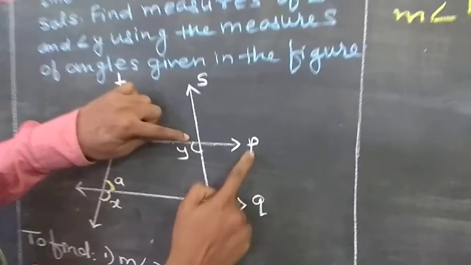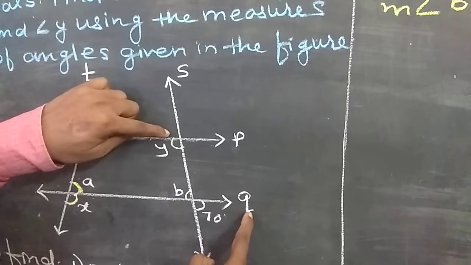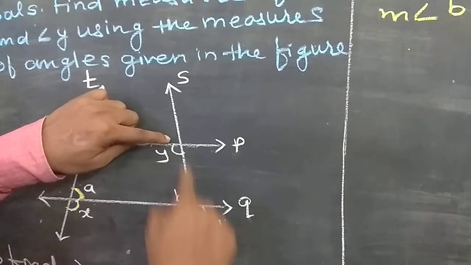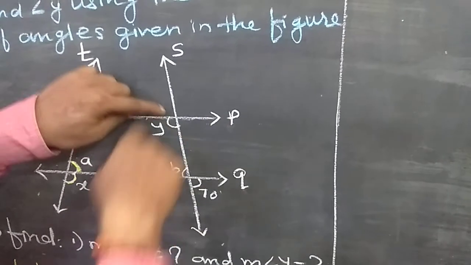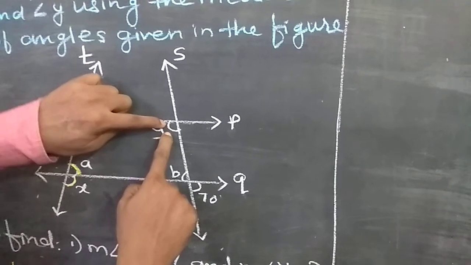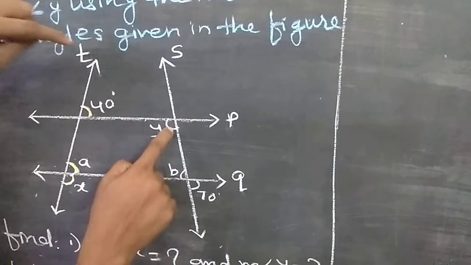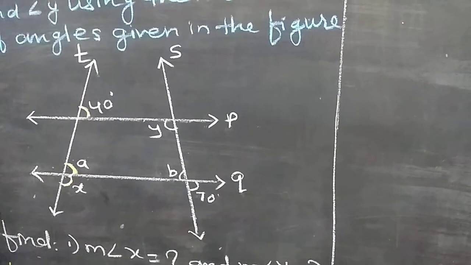Now once again concentrate here, dear student. Line P and line Q are given parallel to each other, and which one is the transversal line here? S. Based upon this information, we come to know measure angle Y and measure angle B are both interior angles. So their sum will be 180 degrees.